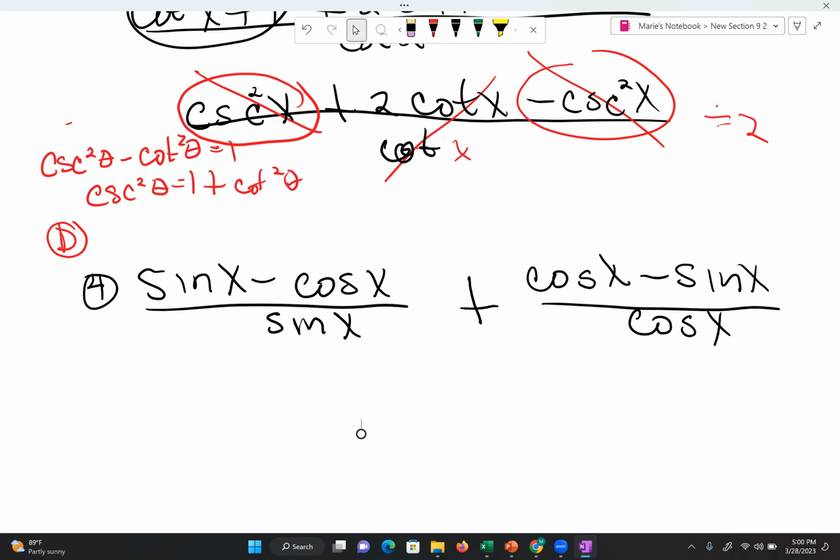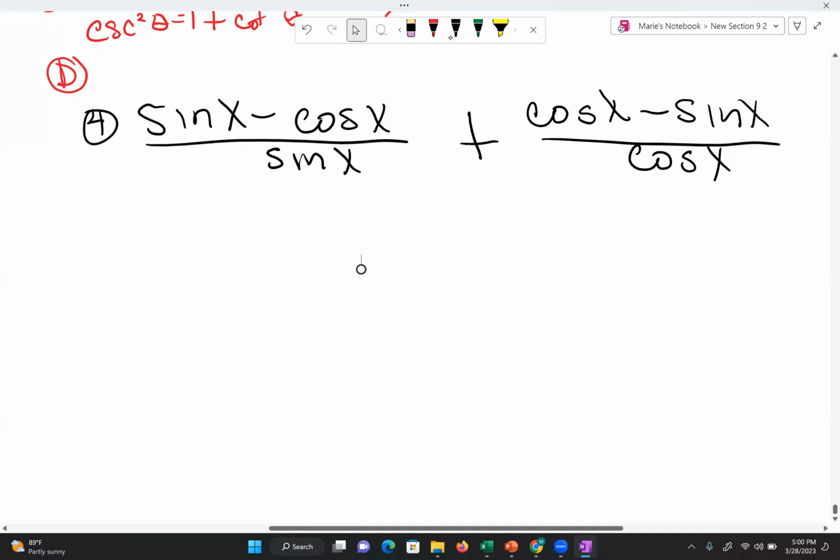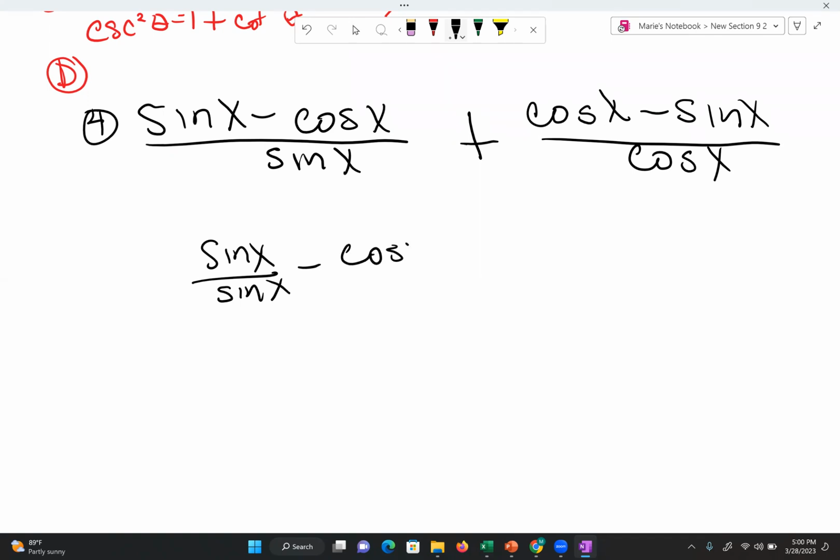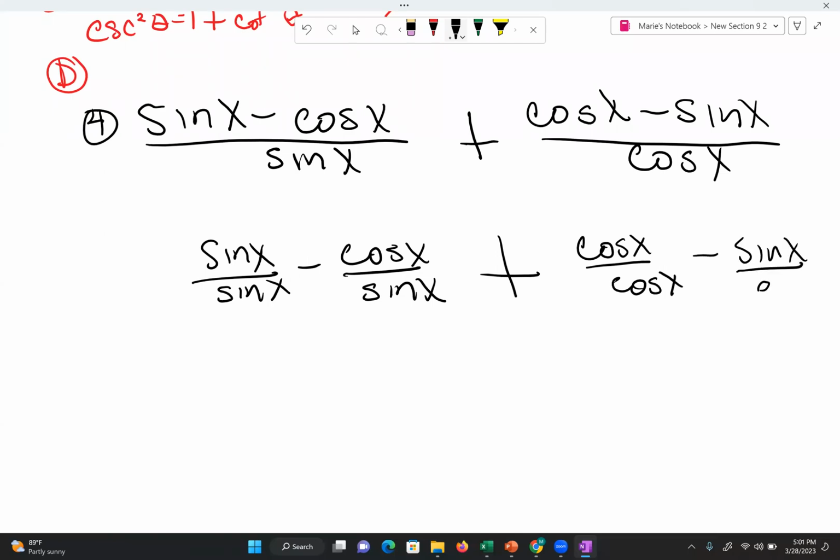So if we split this up, you end up with sine x over sine x minus cosine x over sine x, and all of this plus cosine x over cosine x minus sine x over cosine x.